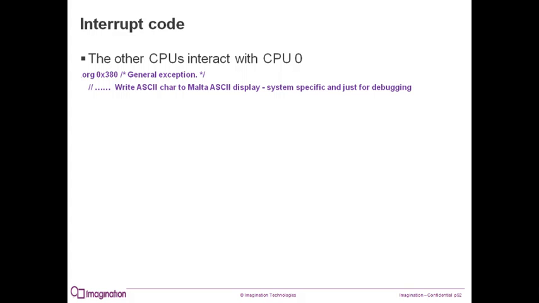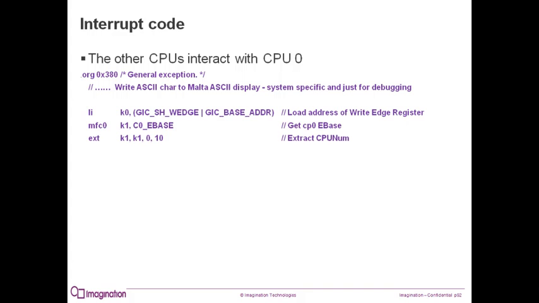Since the only interrupt generated by this code is an interprocessor interrupt, the code proceeds to clear the interrupt in the write edge register. The code loads the address of the write edge register into K0. Then it reads the CP0 EBase register and extracts the CPU number.